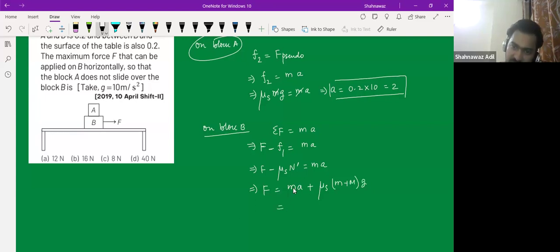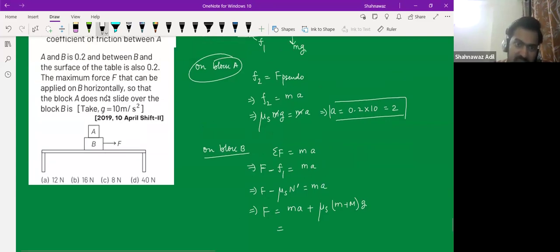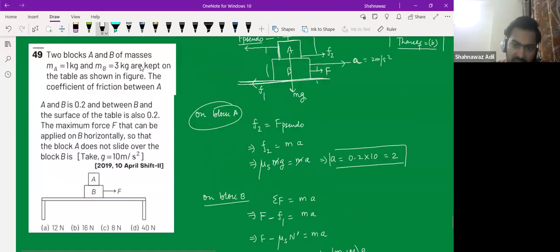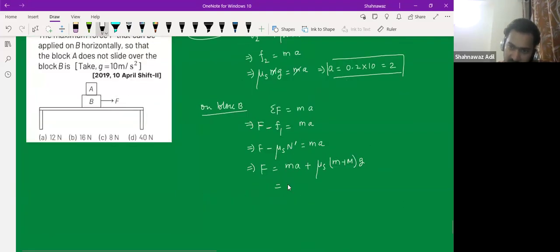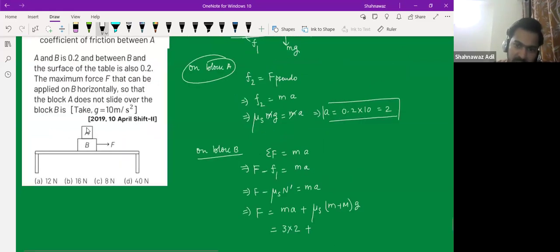So how much is this thing? This M is B, which is 3 kg. So 3 times a, which is 2, plus, because this whole block is moving, this should be M plus m as well.